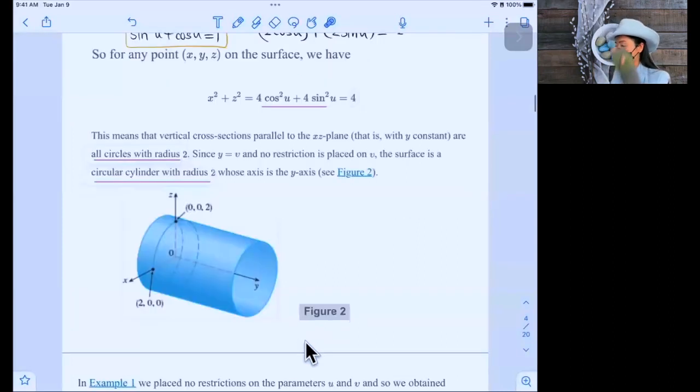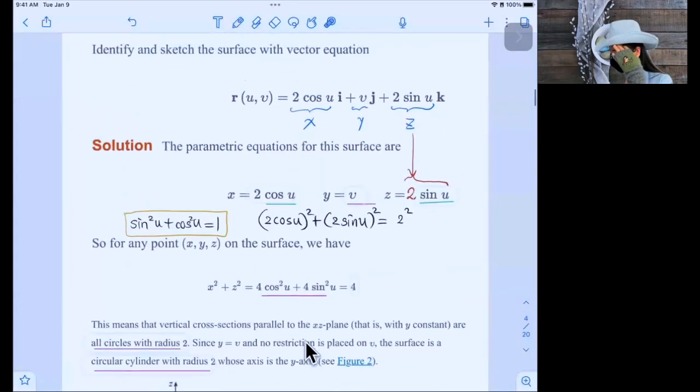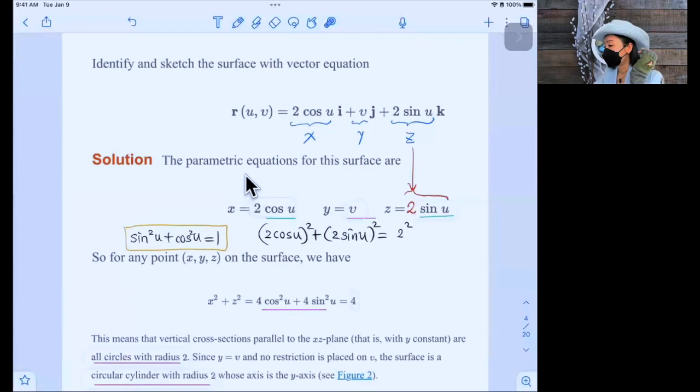Question. So that's the surface for this three parametric equation, or for this vector equation. This is called the vector equation for the surface, and these three are called the parametric equations for the surface.